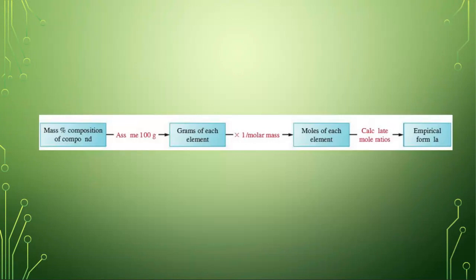Yes, and the mass percentage composition of the compound, assume 100 gram, and then the gram of each element divided by molar mass gives the moles of each element, calculate the mole ratio, and you will find the empirical formula.